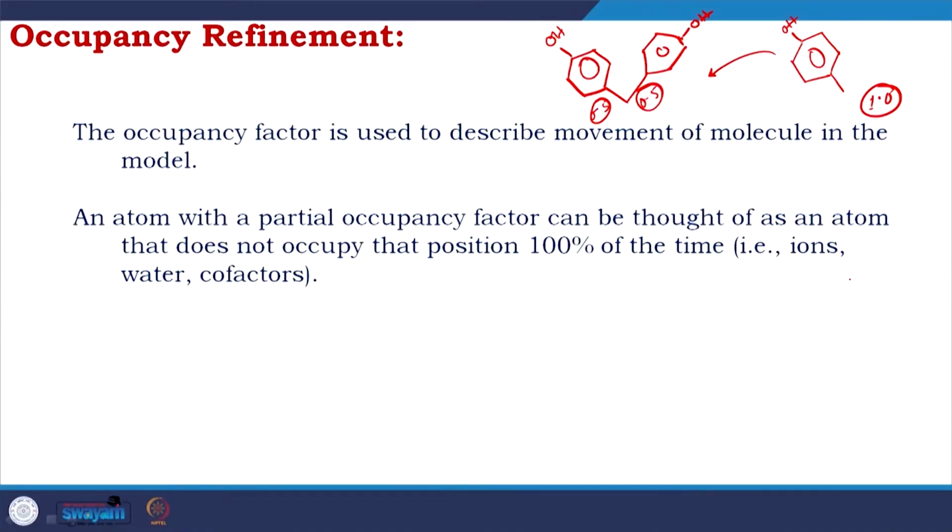Let us say there is a tyrosine and it has 10 conformers. 5 of them would contribute, let us say, 0.01% each.